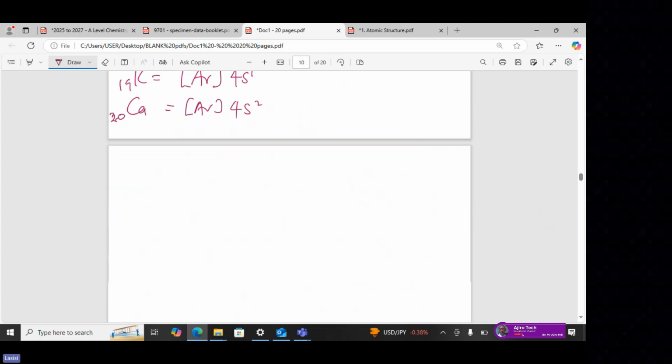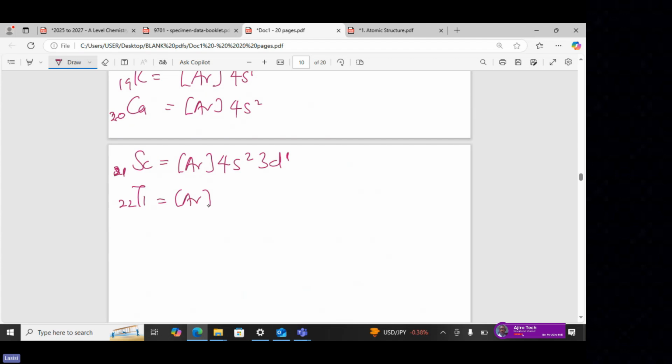Now scandium is number 21. We're going to 3d now. It's argon 4s2, 3d1. Titanium is 22: argon 4s2, 3d2.